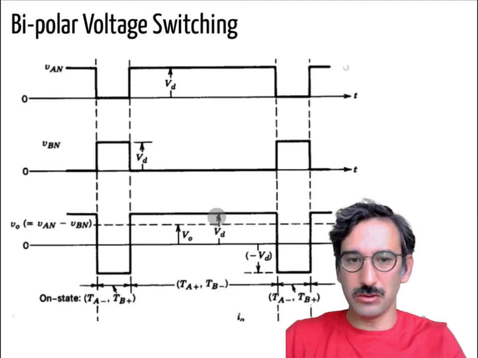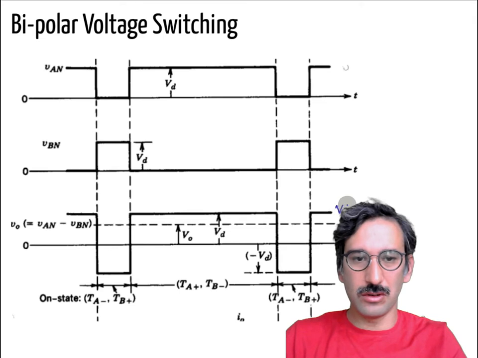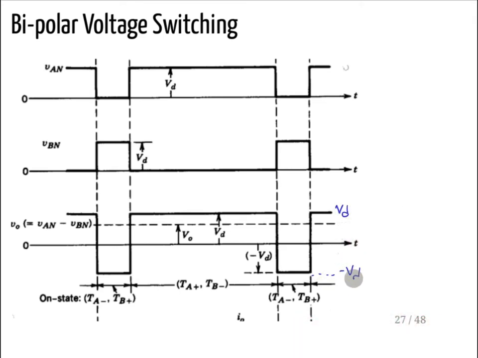Okay, so the output voltage will be, if this is your VD, then that will be your minus VD. So you can have that kind of waveform, and actually you can adjust that period with that period. Okay, and if you want to calculate the average output voltage, you can take that one averaging with the other one, so you can get an output voltage.